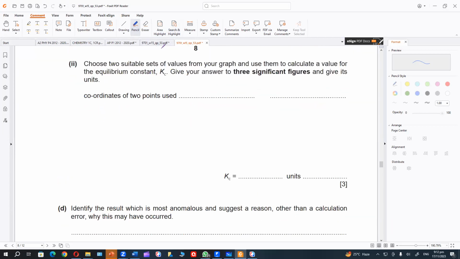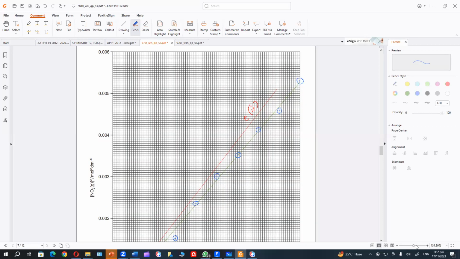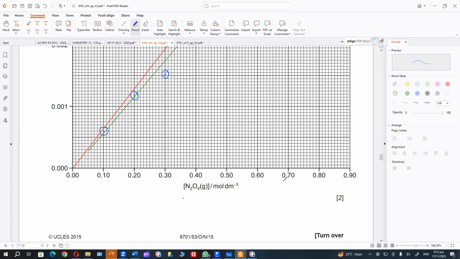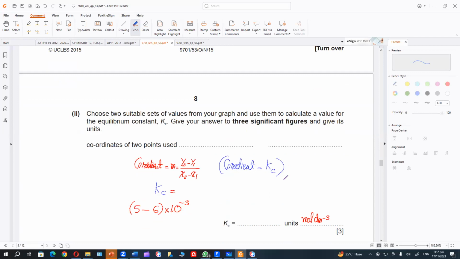You will have to find the gradient, and the gradient will be representing Kc. So you have to take any two points, but ideally do not take those points which are already in the table, because that will not be very impressive. So you will tell the examiner that gradient will be equal to Kc. You have to take two points and put them in the gradient formula, and find the gradient.